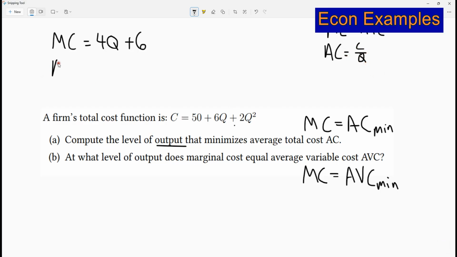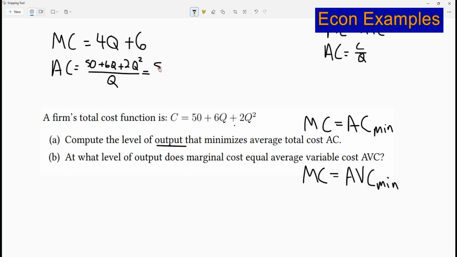So to get that average cost, it's going to be 50 plus 6q plus 2q squared over q. You can break that up into 50 over q, 6q over q, and 2q squared over q.